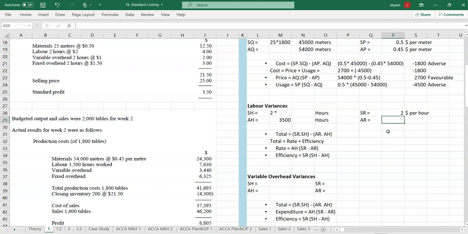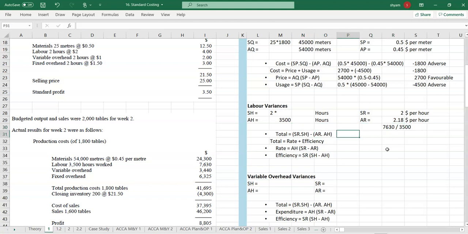So you have to compute it. There's no other way. So 7,630 divided by 3,500. Okay, it is 2.18 per hour. That's what is paid. So let's get the answer here.